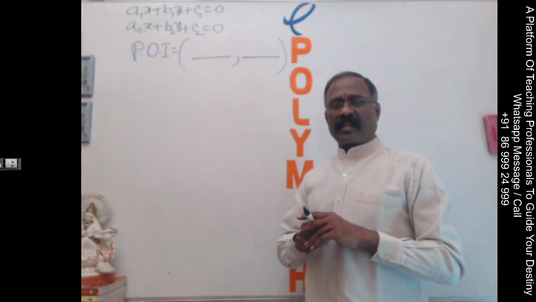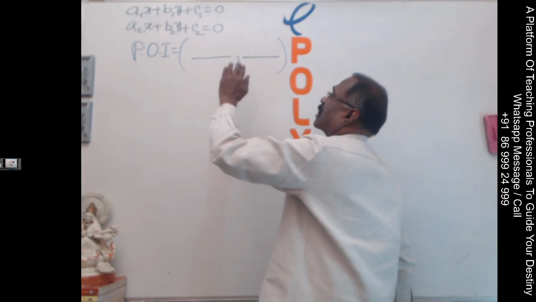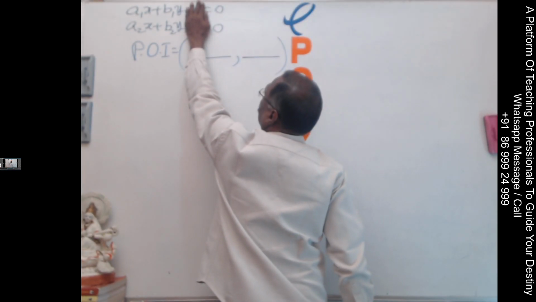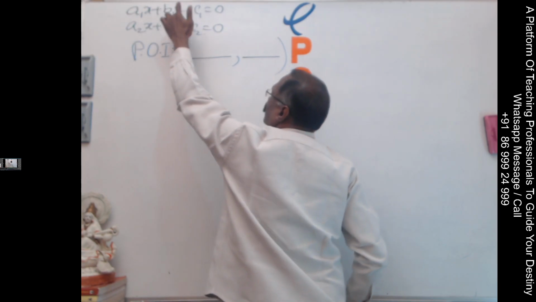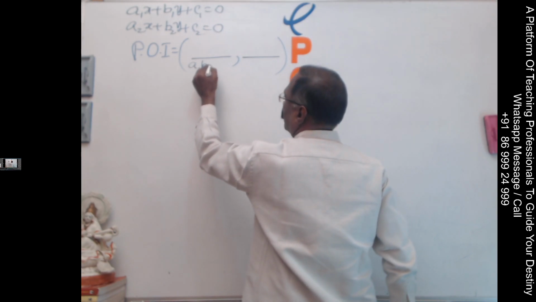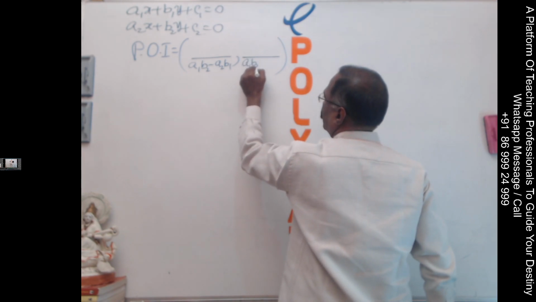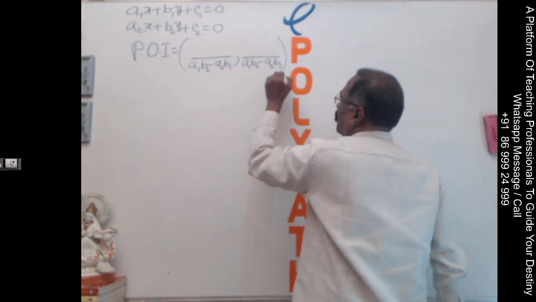Close the constants and cross multiply: a1b2 minus a2b1. So this is a1b2 minus a2b1.